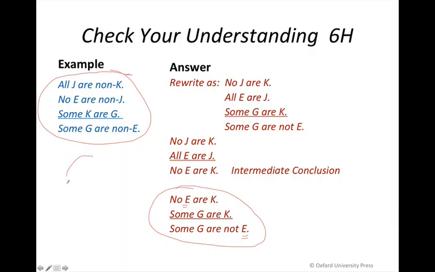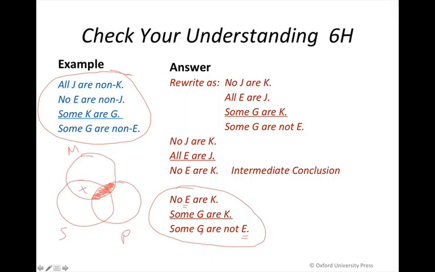Let's go ahead and diagram based on our modern interpretation. No E are K, which is going to be the same as no P are M. And then some G are K is an X in this area of overlap.